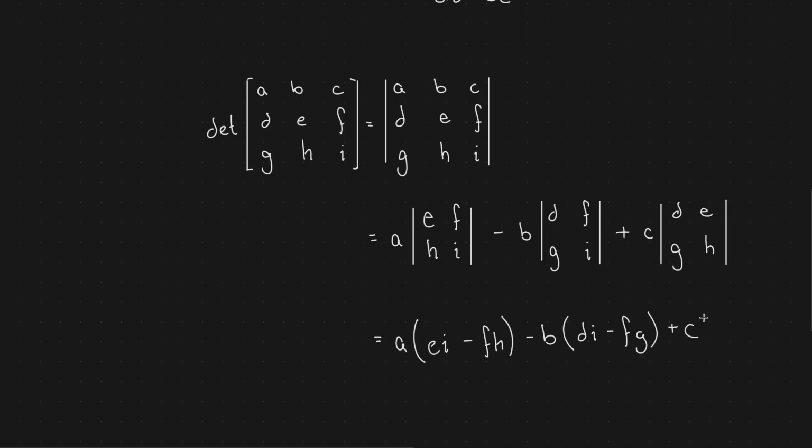Plus C times DH minus EG. And that's the determinant of a 3 by 3.